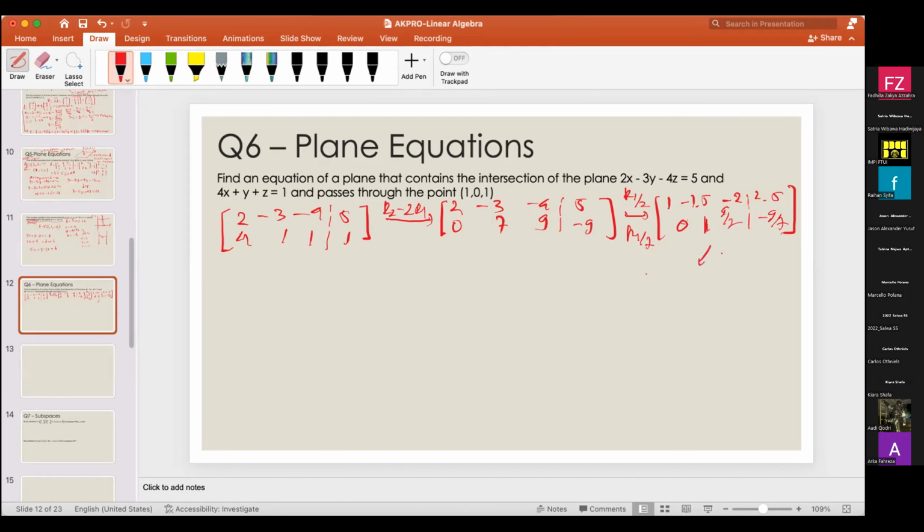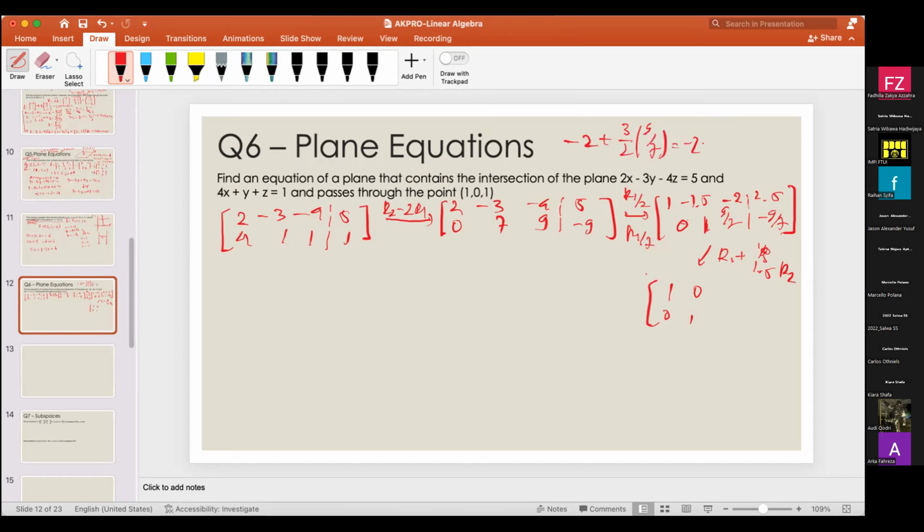Okay, so now we just need to do R1 plus 1.5 R2. So the result will be 1, 0, and then negative 2 plus 3 over 2 times 9 over 7.